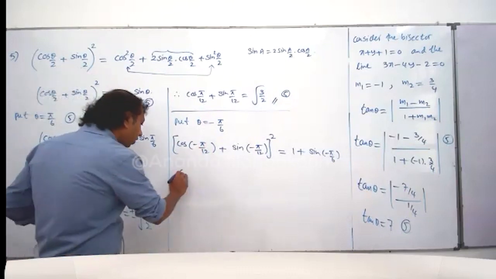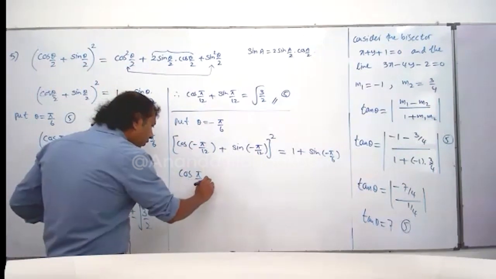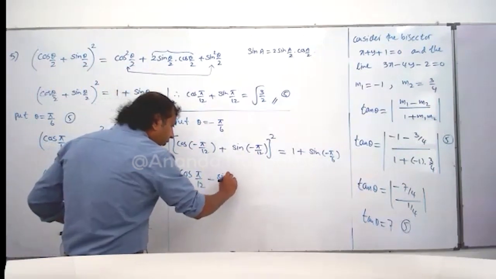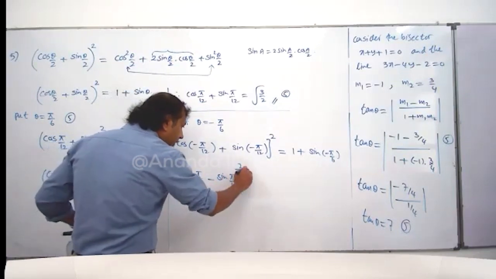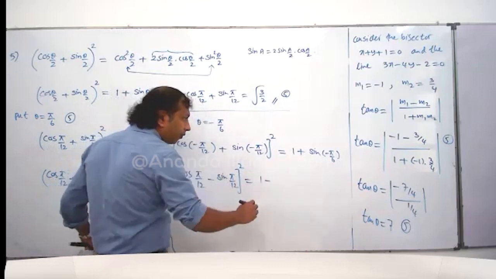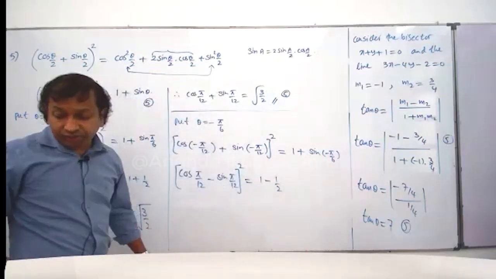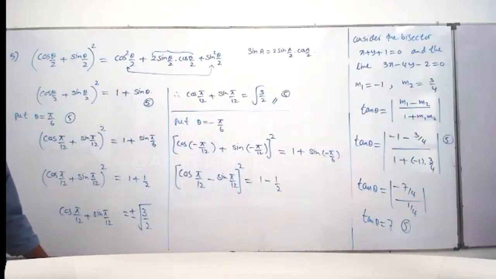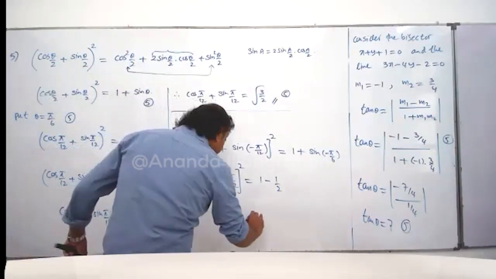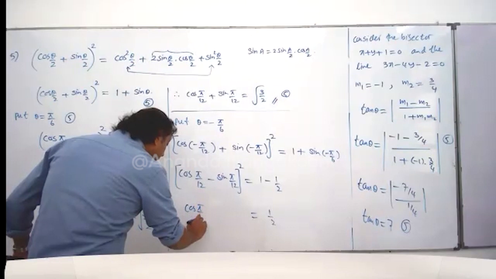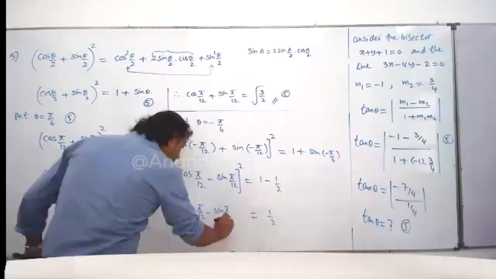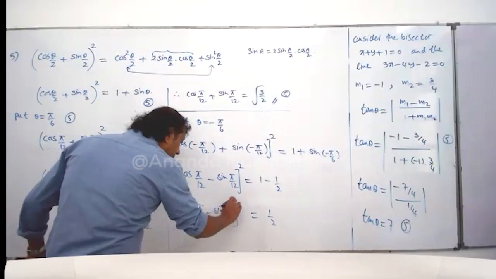Then we can write this one as how? Cos pi by 12 minus sin pi by 12, right? Perfect. Add 1 minus half. 1 minus half. Right. This is half. Then (cos pi by 12 minus sin pi by 12) to the power 2 is this.